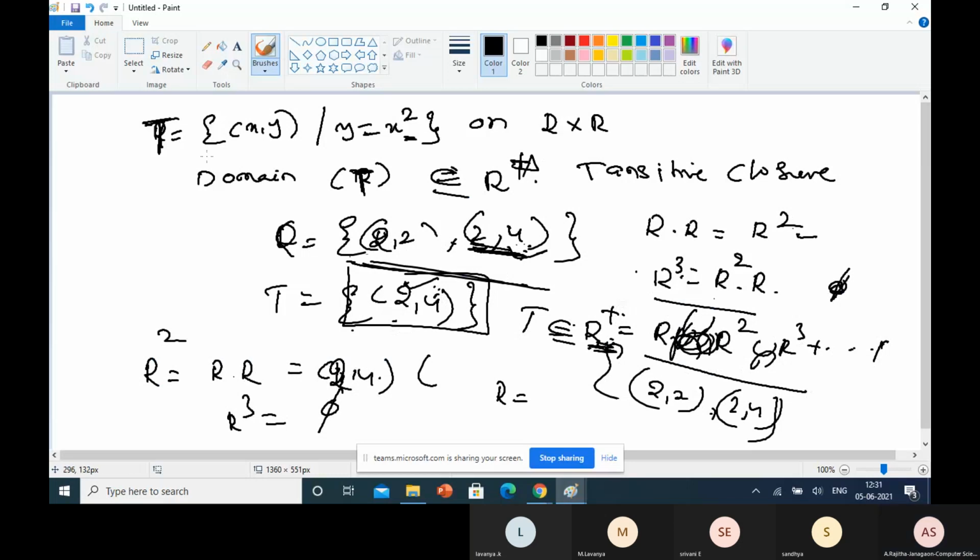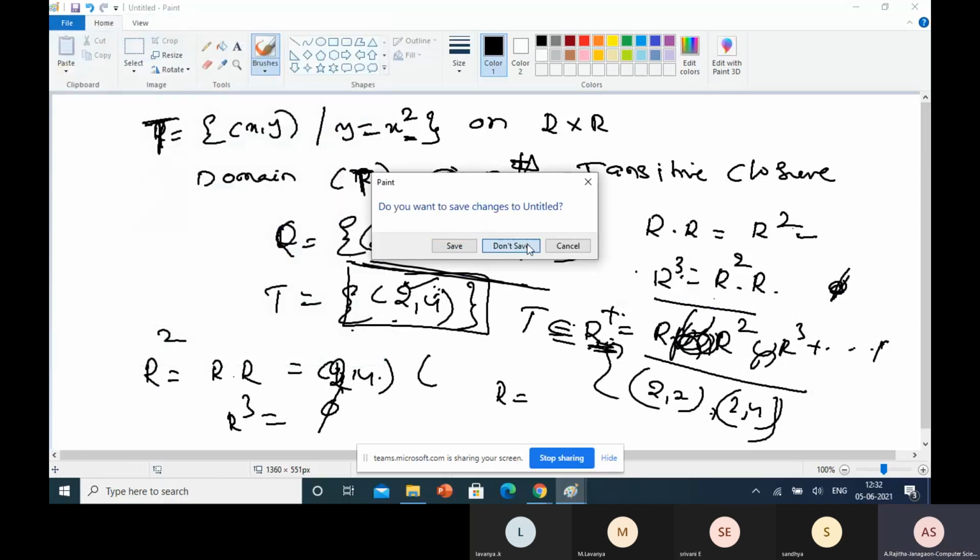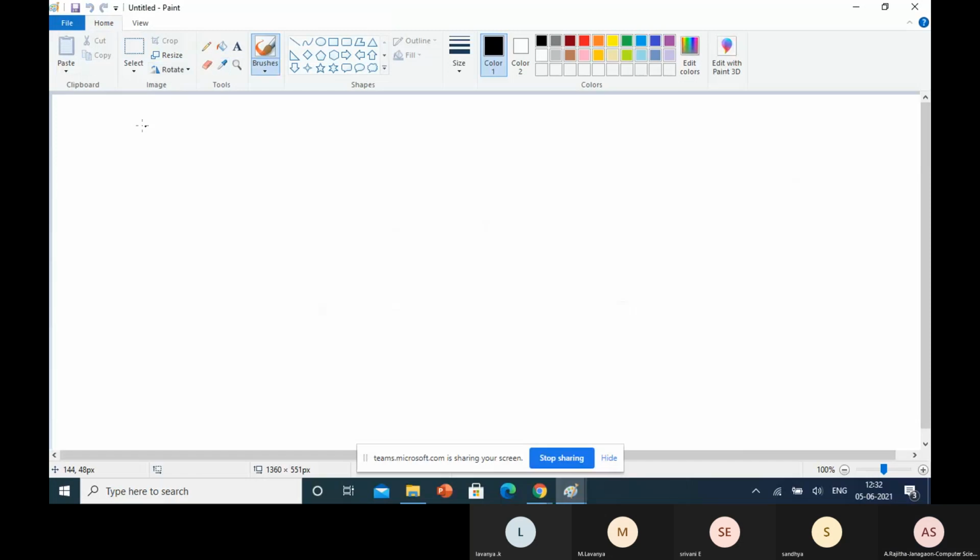And suppose in the exam they directly ask questions like this. Suppose here T equal to x comma y, where x square plus y square equal to 4.